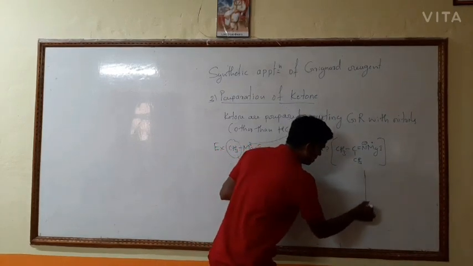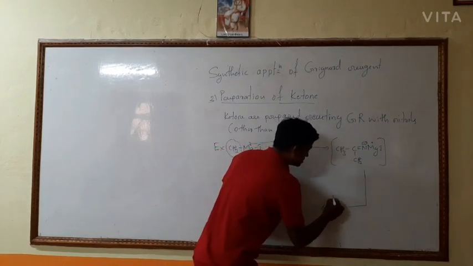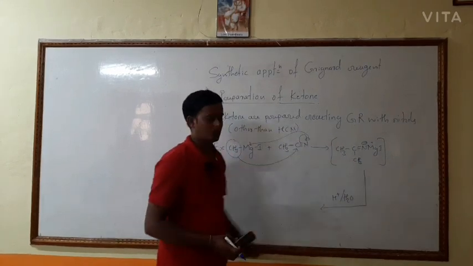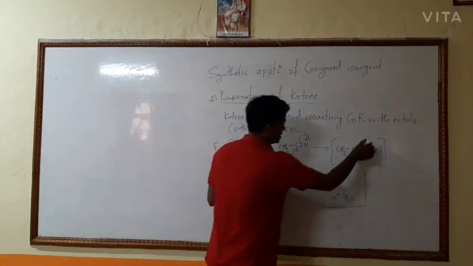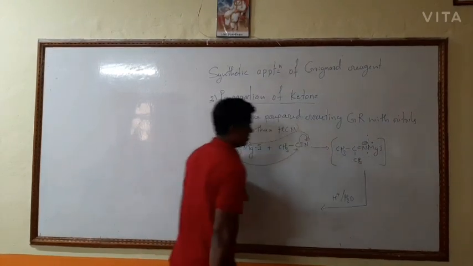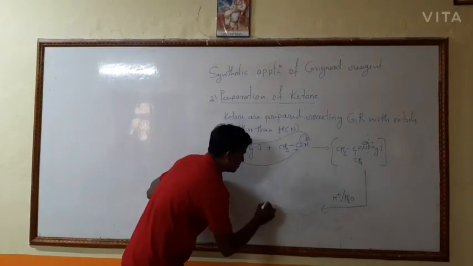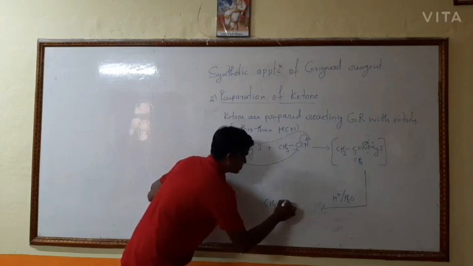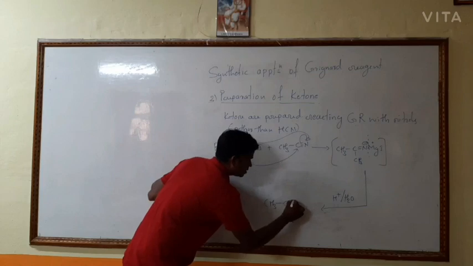This addition product further undergoes acid hydrolysis. At that time, the nitrogen magnesium bond is broken to give CH3 C double bond NH, CH3.